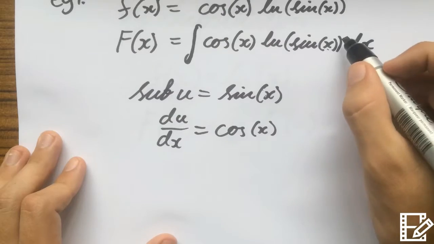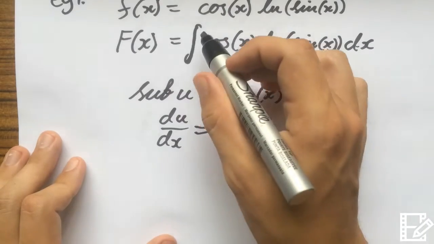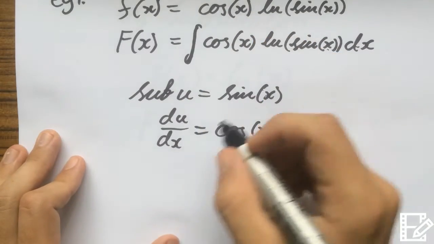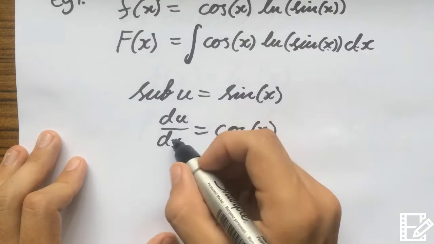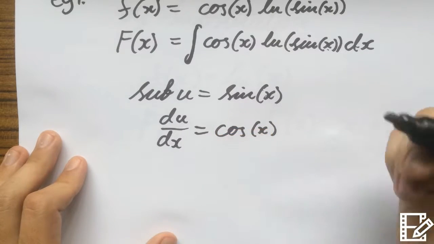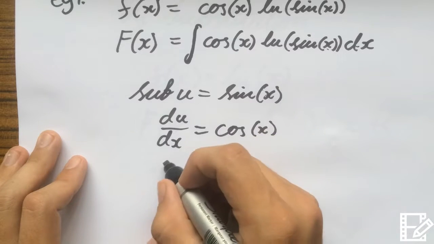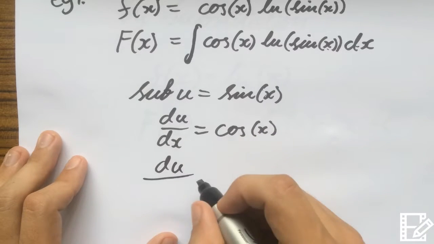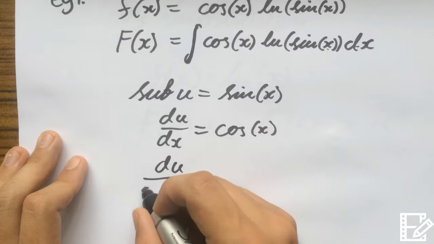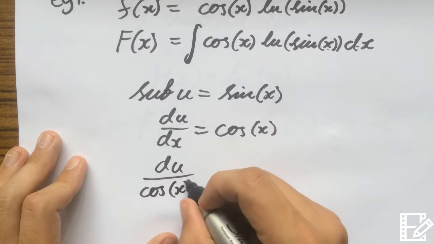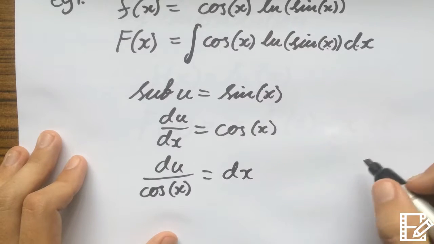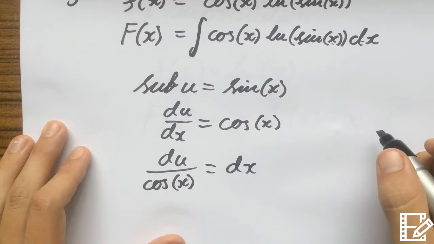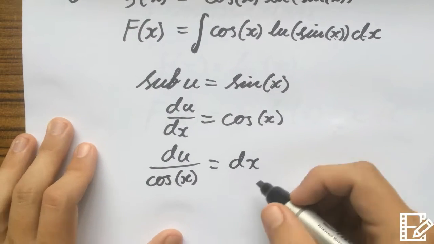But this dx is multiplied on. We can use this dx. We can't really use this. So we have a dx down here. We have a dx up here. This dx is on its own. Therefore, if we get this dx on its own, it'll help us solve it. So I'm going to have the du, that stays there. I'm going to divide the cos down, which brings it on the other side, and I'm going to multiply the dx up, which will bring it on the other side. Now we have dx on its own.